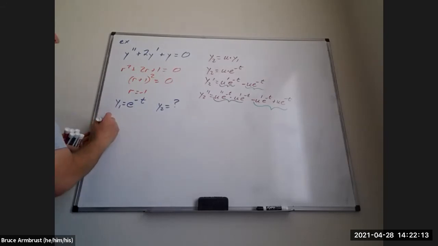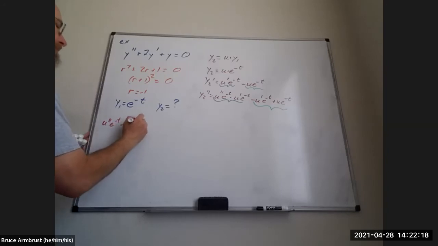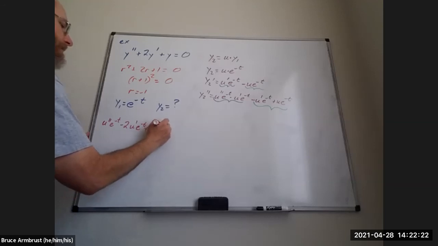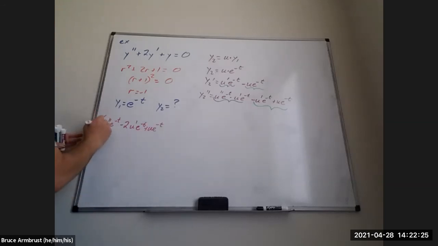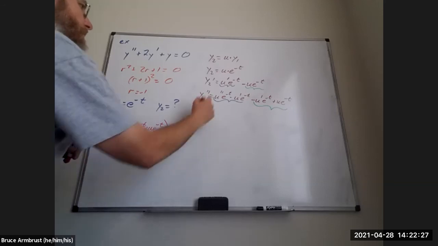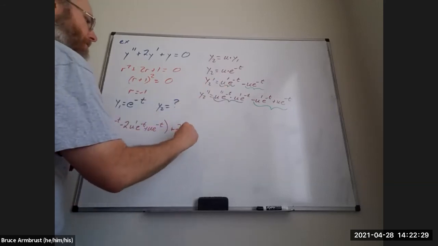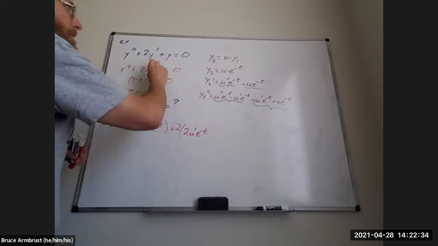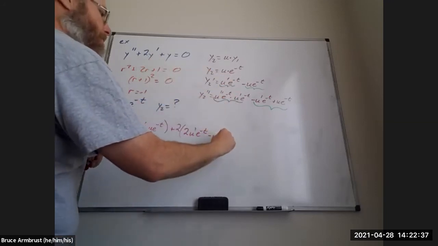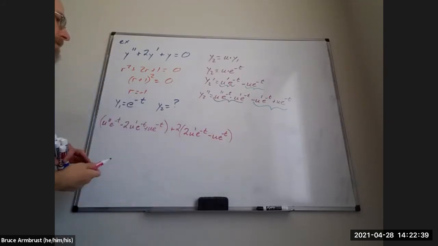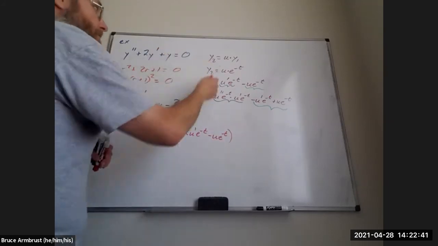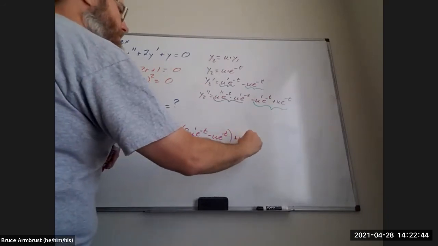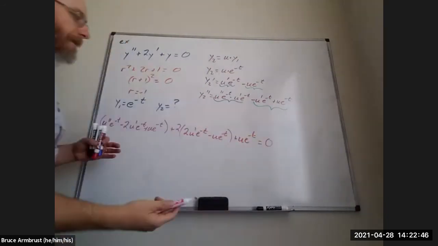That'll be u double prime e to the minus t minus 2 u prime e to the minus t plus u e to the minus t, plus 2 times the derivative, so u prime e to the minus t minus u e to the minus t, and then plus the original function, which was u e to the minus t. We need that to all equal 0.